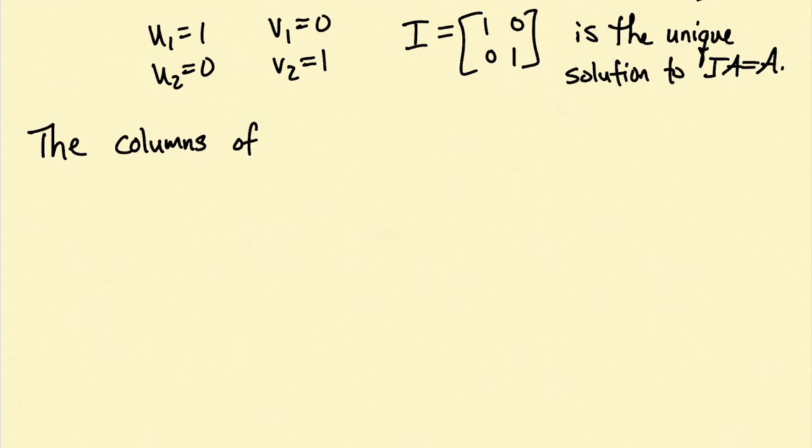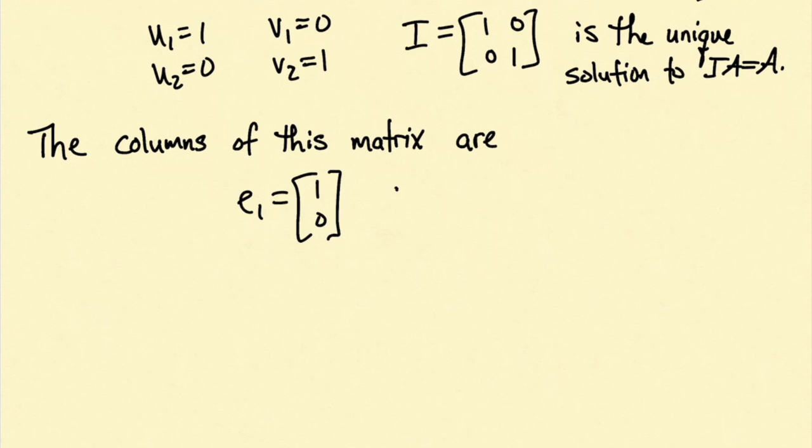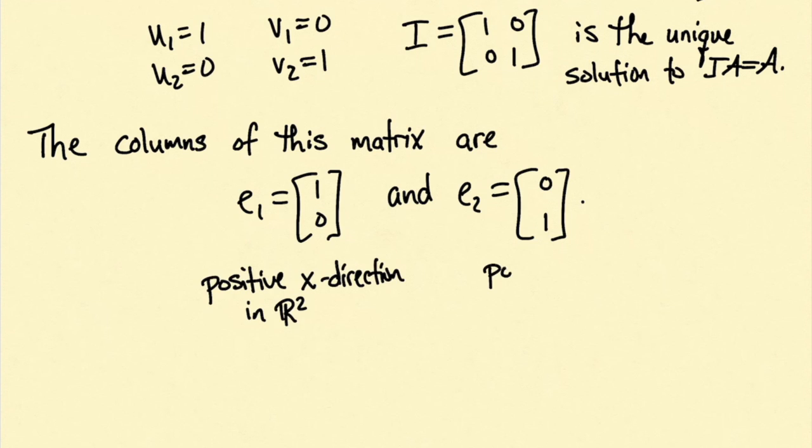The columns of this matrix are E1 equals (1, 0) and E2 equals (0, 1). If we remember back to our discussion on linear combinations, these are the 2 unit vectors corresponding to the positive x direction and the positive y direction.